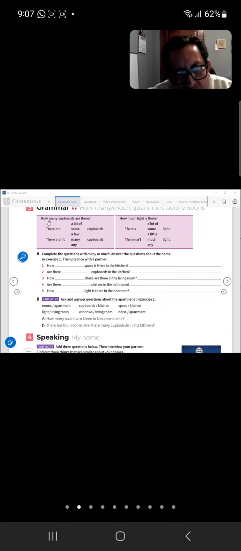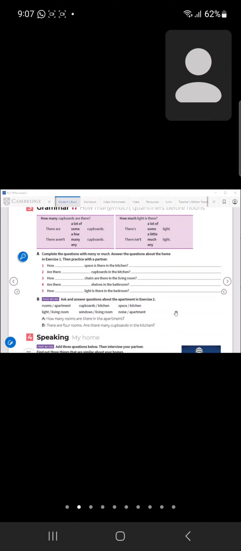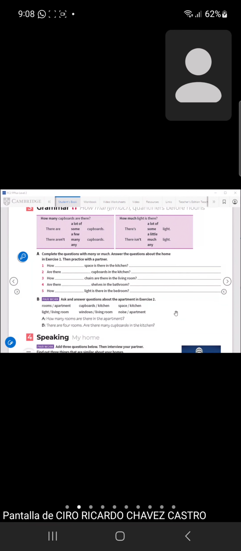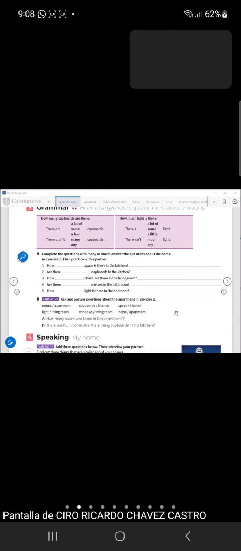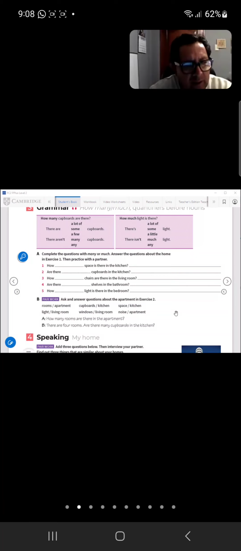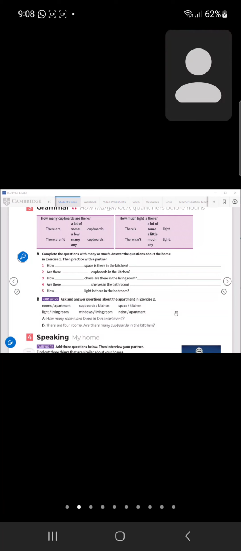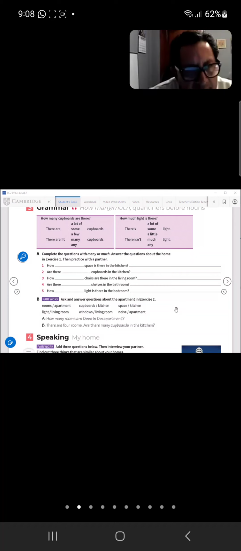For countable nouns: how many chairs are there in the room? Number four, are there many shelves in the bathroom? Number five, how much light is there in the bedroom? That's all.